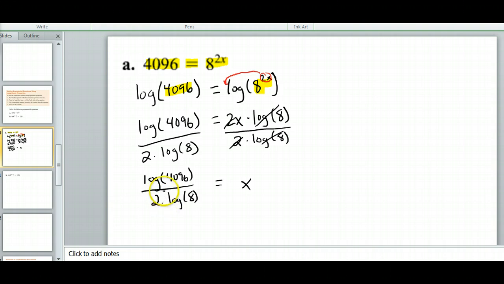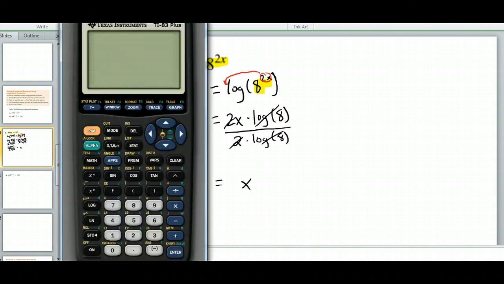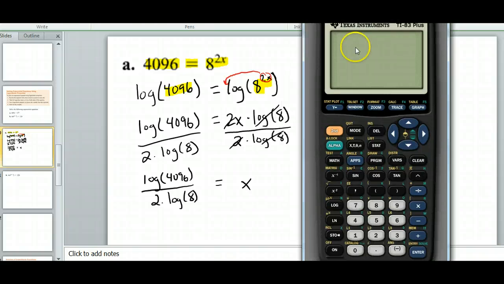Alright, and this is the exact answer, but again, usually they'll ask you for an approximation here, because usually x is going to be some type of a time or years, so we'd want to approximate it. Alright, so I'm going to put in log of 4096, and I'm going to divide that by parentheses because I have multiplication, 2 times the log of 8.